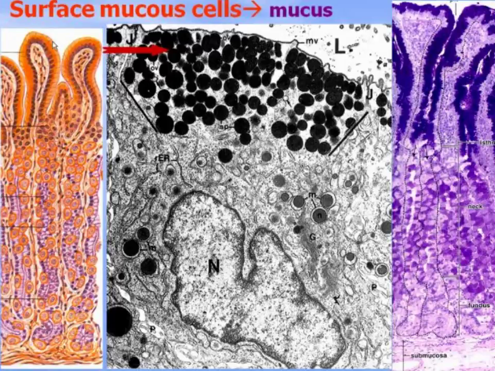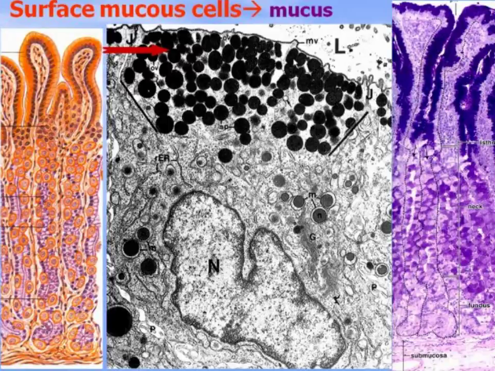The surface epithelium is simple columnar secretory epithelium. Surface mucous cells produce mucus. It's glycoproteins which are produced in both rough and smooth endoplasmic reticulum, accumulated in the Golgi, and these mucous granules are in the apical portion of the cell.